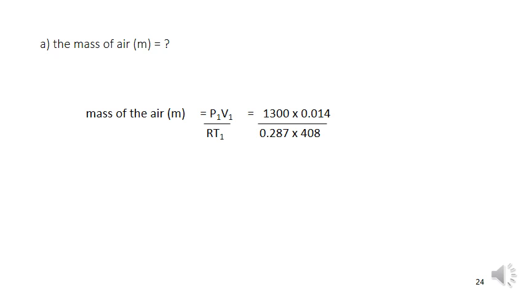In the data they gave the pressure value and volume value, and R can be found by using R is equal to Cp minus Cv. T1 is equal to 408 Kelvin. So we will get 0.1554 kg. So P1 V1 is equal to mRT, and from that we calculate the mass.